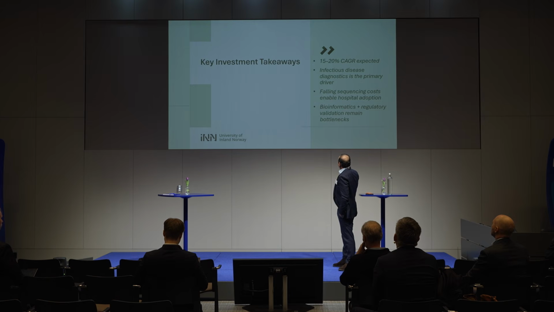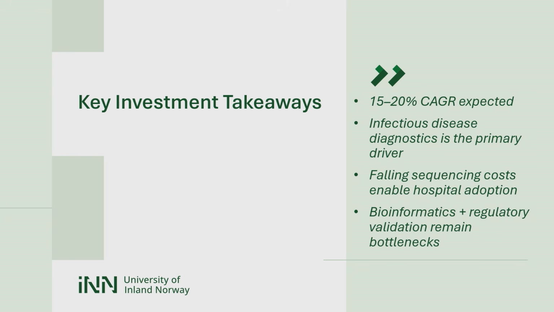I can take it to the bedside and sequence a patient if I want to. One of the biggest bottlenecks is bioinformatics and regulatory frameworks, obviously, because we don't have current standards or frameworks, but bioinformatics is the challenge currently in clinical metagenomics.